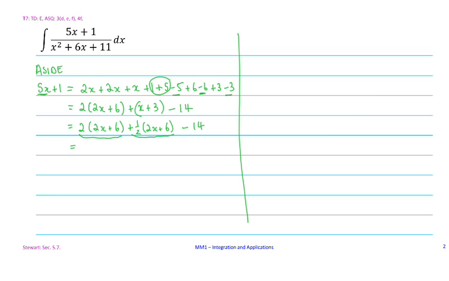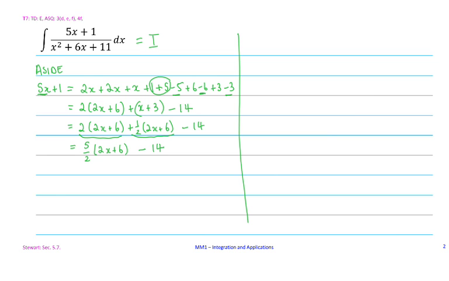So we've got 5 over 2 times 2x plus 6, minus 14. So let's say that's our integral.